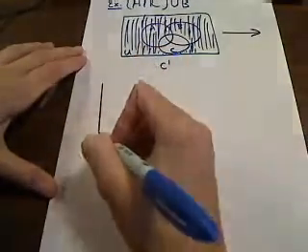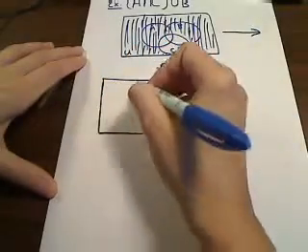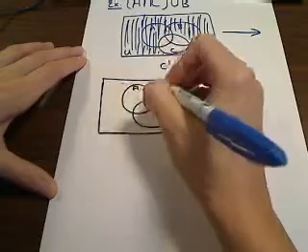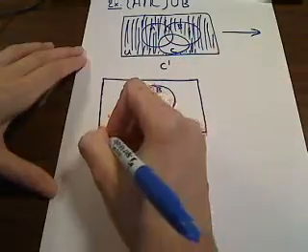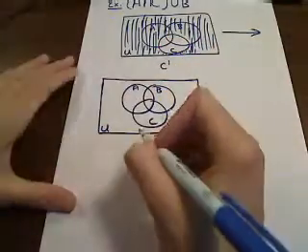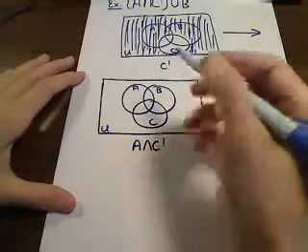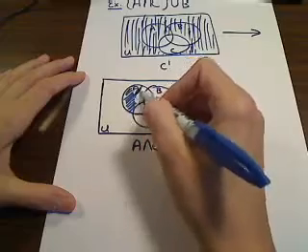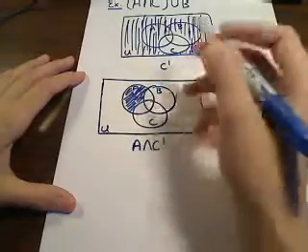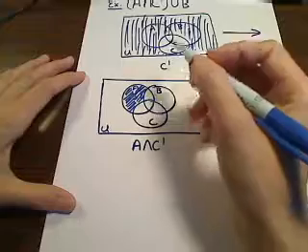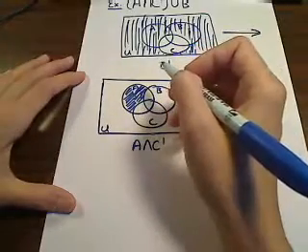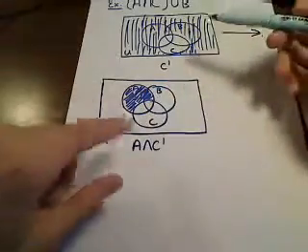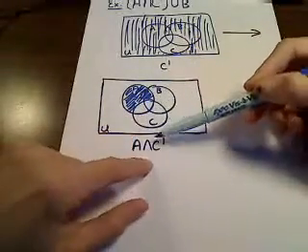Okay, so in my next step on this, A, B, and C, in my universal set, A intersect C naught is actually going to be this region right here. It's going to be everything that is not in C. A intersect C naught.